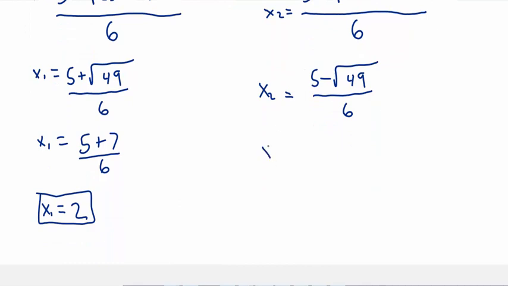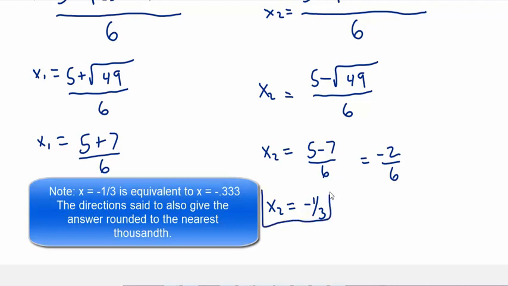And finally, this would have come out 5 subtract 7 over 6. So you can see everything played out exactly the same, except my final answer here used to have addition, now it has subtraction. But the final answer is completely different because 5 subtract 7 is -2, which simplifies to be -1/3.